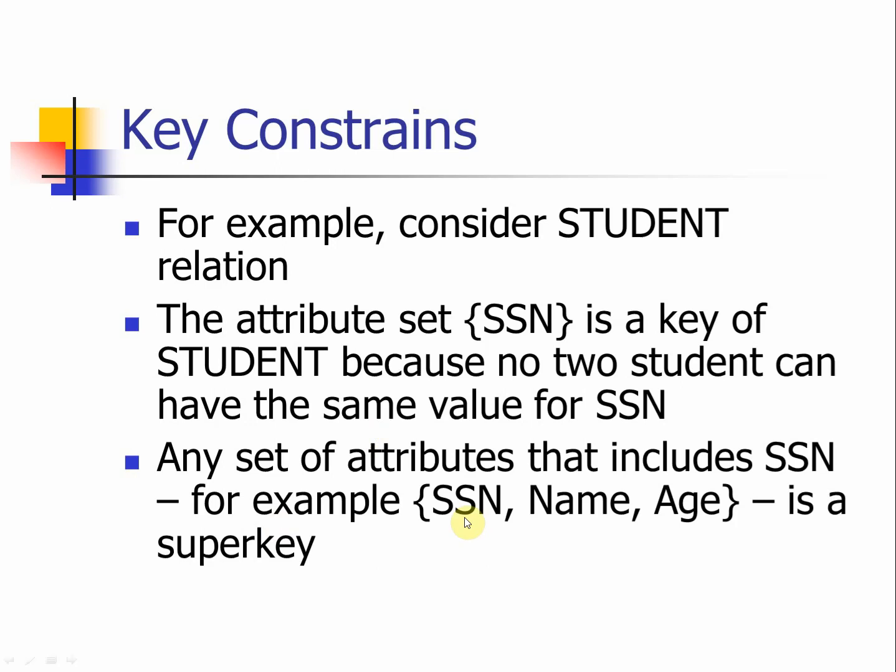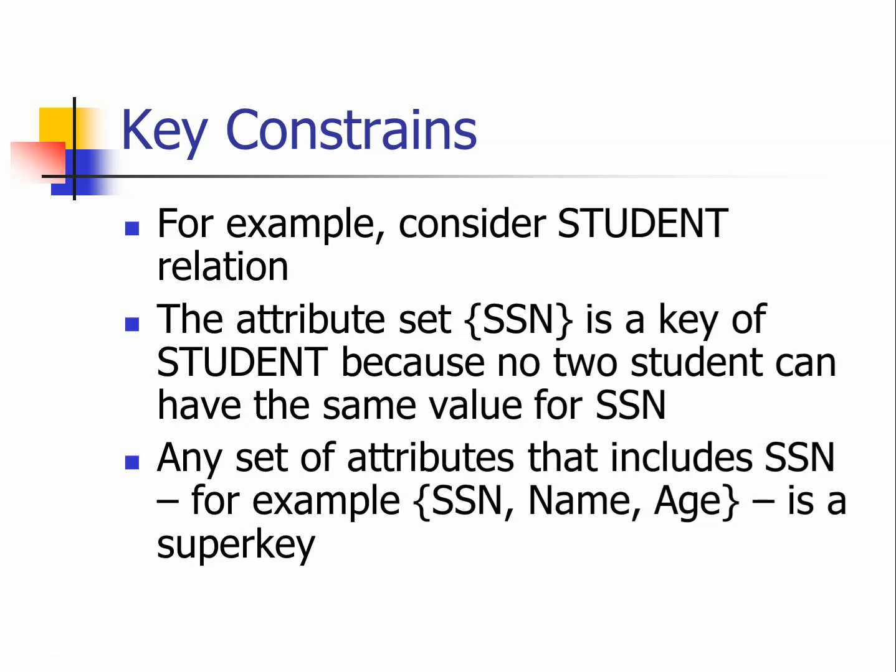Any combination that includes the social security number can be considered a superkey, for example, social security number plus name. In that case, social security number and name would form a superkey to the student relation. But it is not minimum, because if we remove the name, we still get social security number as the superkey, and more importantly, the key.